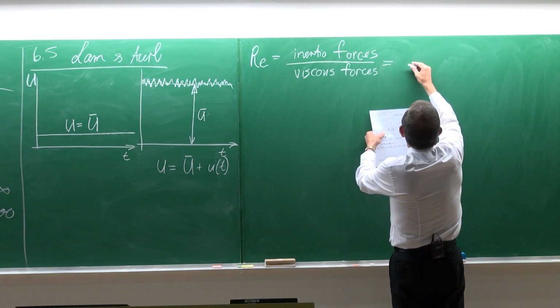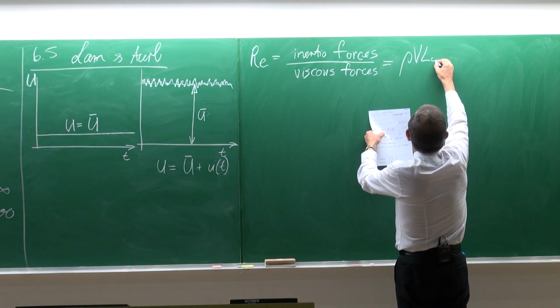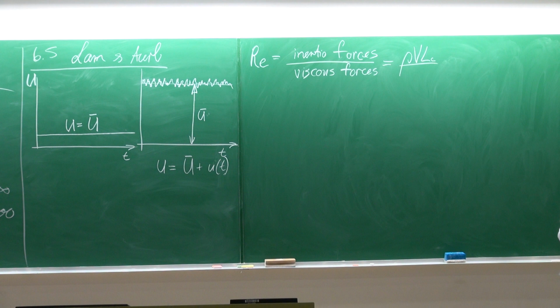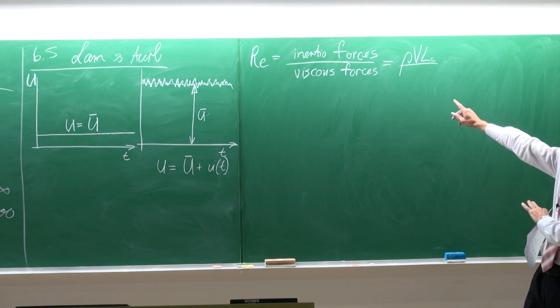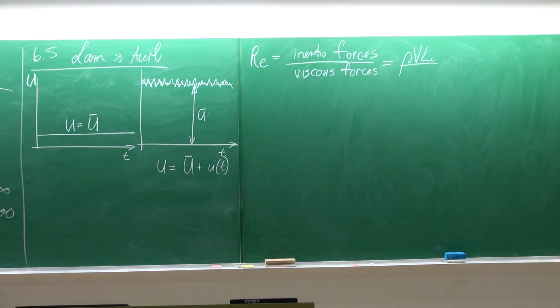That ratio is equal to the density multiplied by the velocity multiplied by a characteristic length, and that characteristic length is not the characteristic length that you calculate in paragraph 4.1 for the lumped system.